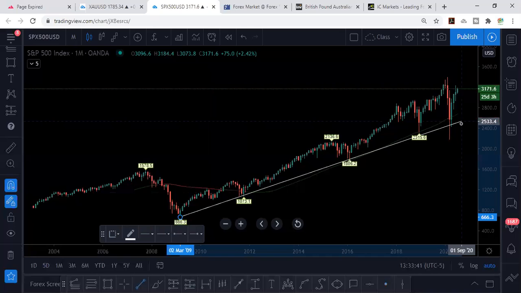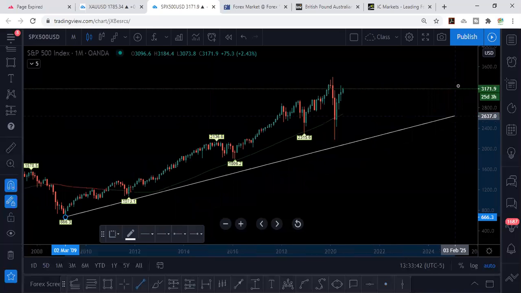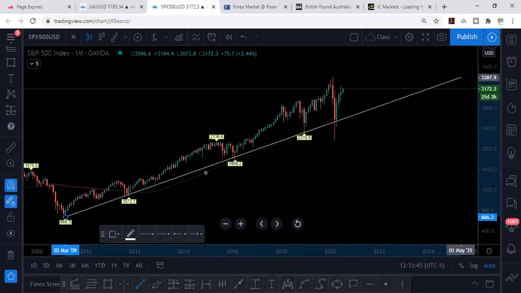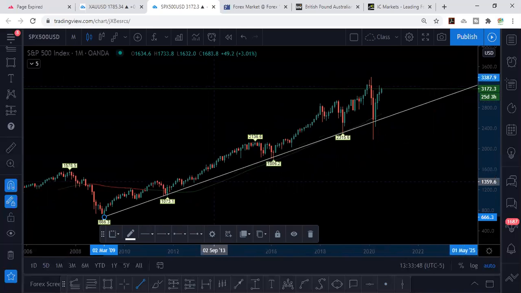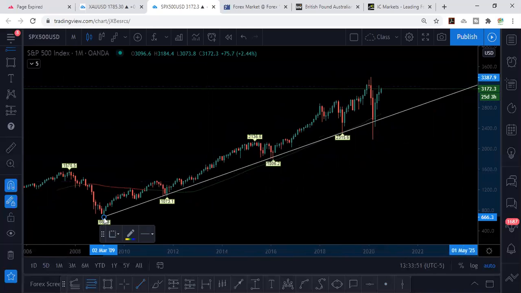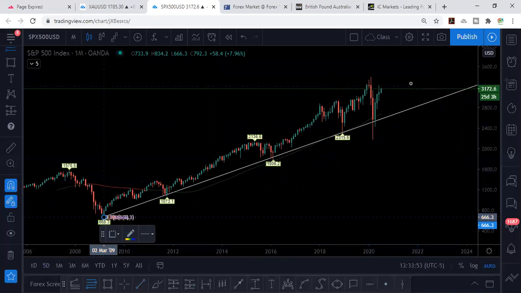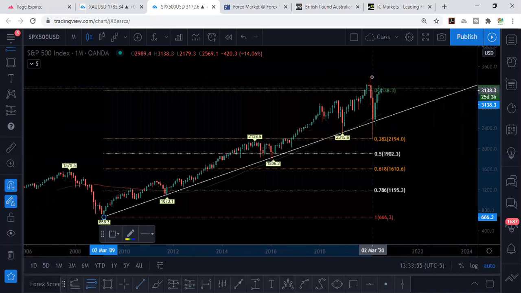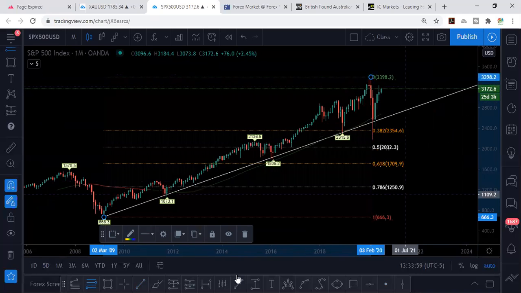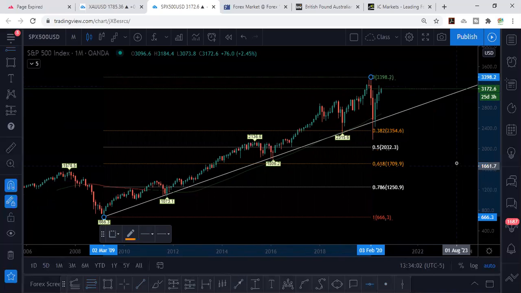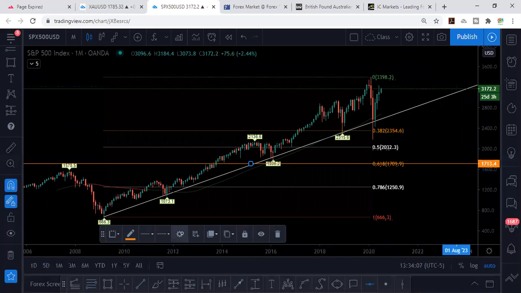Let's see. Good. Fibonacci. Yes, baby. Golden ratio supports. I just sent it to you right now.